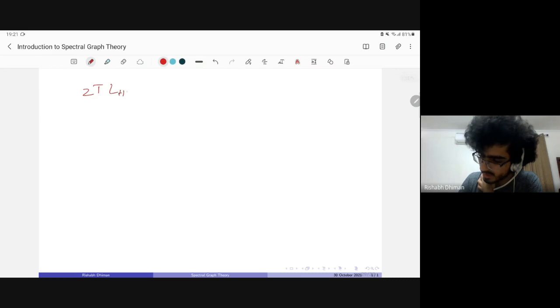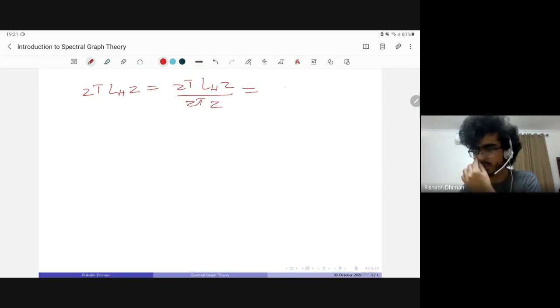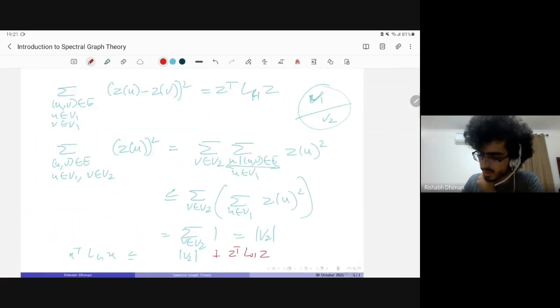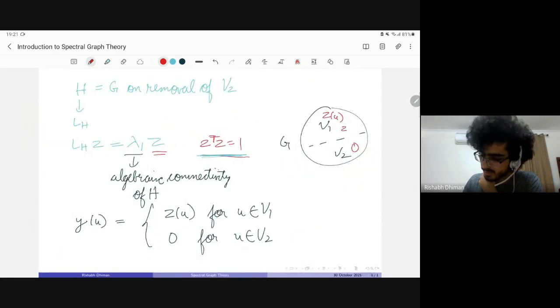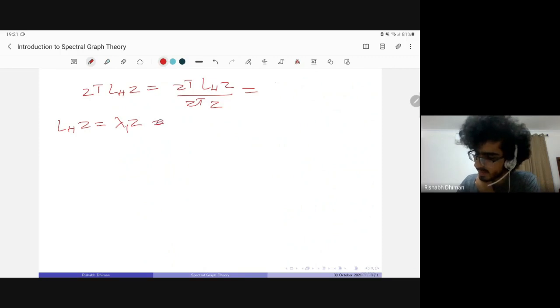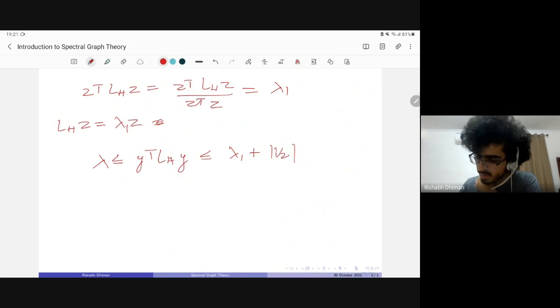If I now look at z^T L_H z, this is precisely this, and because we defined z to be the vector satisfying this property, this will be nothing but lambda_1. So what you end up with is that this lambda is less than y^T L_H y, which is less than lambda_1 plus this. And yeah, that's your theorem.